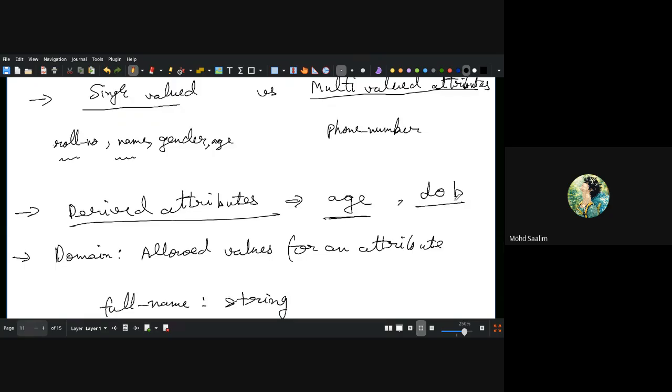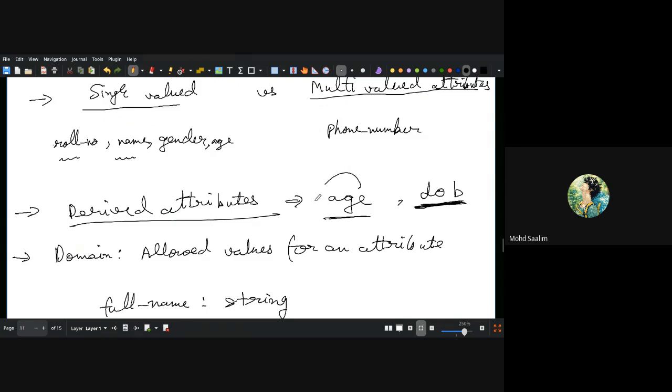So whenever you have these type of entries which are always dynamic, you should not store them in your database because they are always changing. You will store age 15, but after 2 years, it will be 17, but in your database, it is still 15. So this is the problem. That's why you should store something static.